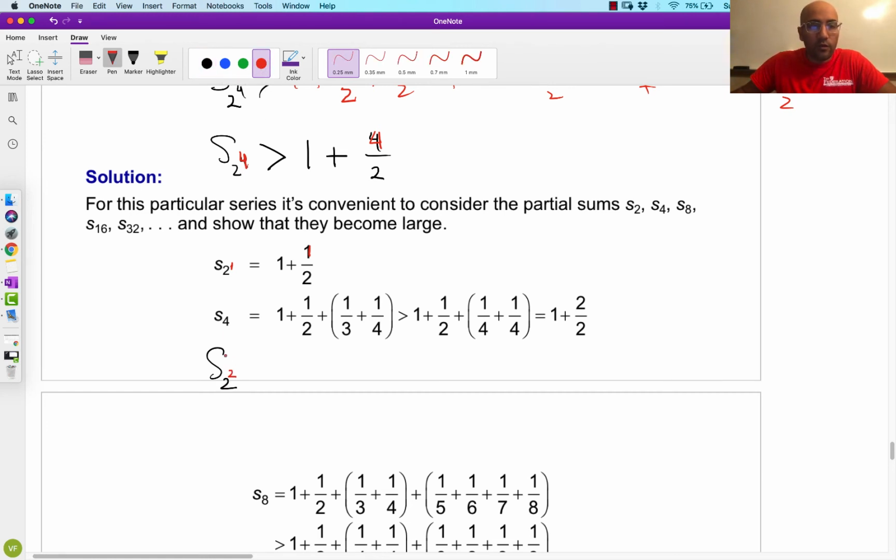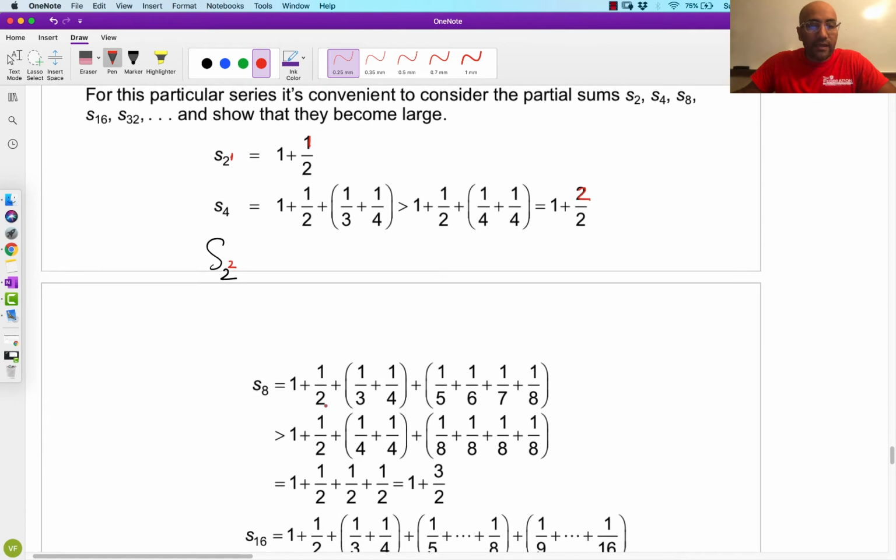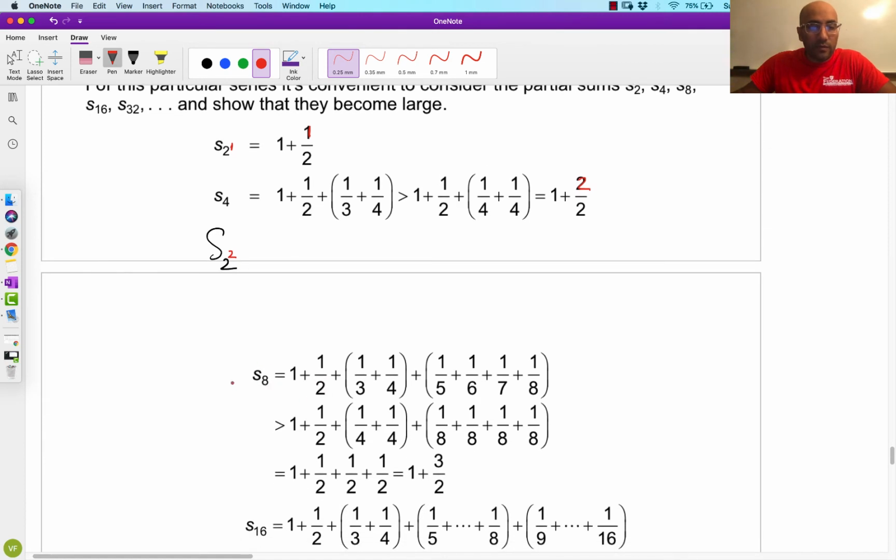That's s sub 4. And then that matches with this little guy right there. Okay, then we did it for s sub 8, right? Which, again, this is the same thing as s sub 2 to the power of 3. Good. And so we get the original list, and then we compare it with a new list that's definitely a little bit smaller, and then that new list allows us to simplify it down to this, and again, it matches this.